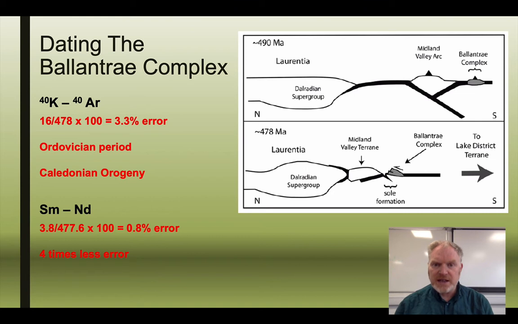There's 4 times less error in that date. Although what's quite impressive is that the two actual midpoints of that date are actually very, very similar. But we can have far more confidence in that using samarium neodymium than we can do with potassium argon. That's why it's used.